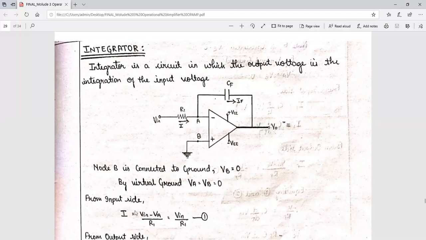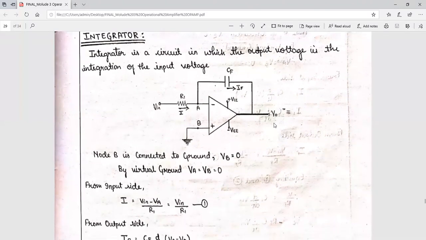Clear? So if you write the equation for this particular current I, the current I is moving from the point V in to VA. So V in minus VA by R1 for this particular current through the resistance. The equation is V in minus VA by R1.